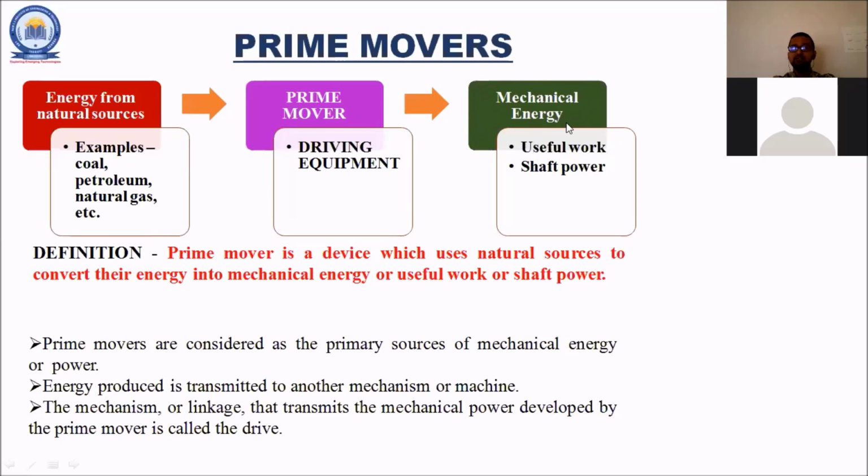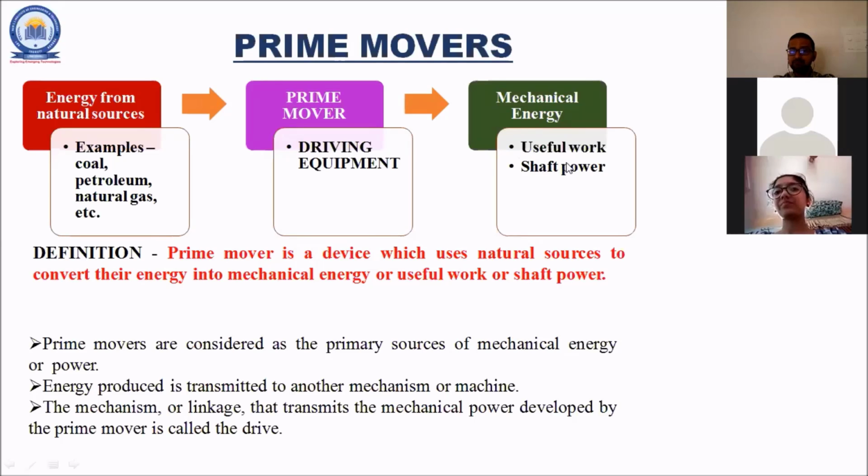So if we consider the prime mover, it is simply a driving equipment or can be considered as an energy conversion system. The output of the prime mover or the result obtained from the prime mover can be in terms of mechanical energy or the useful work or the shaft power.